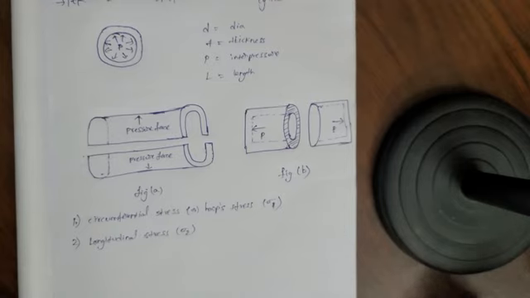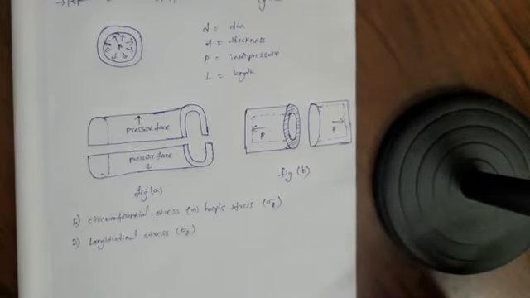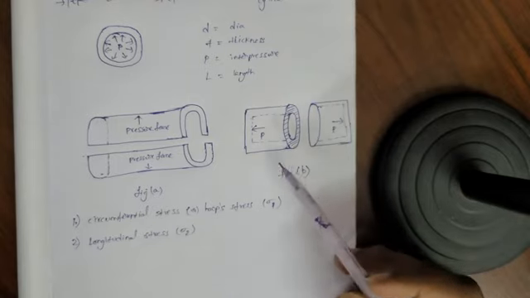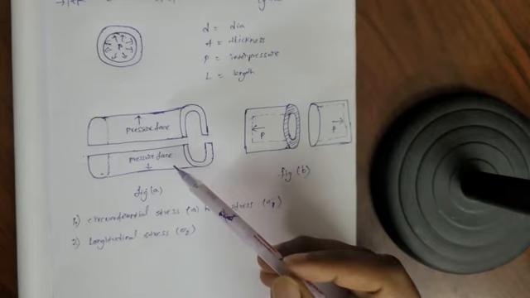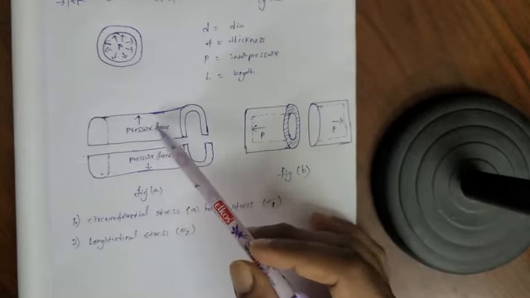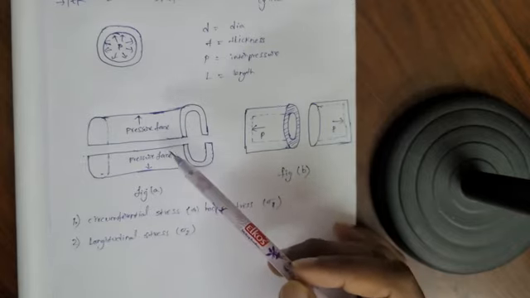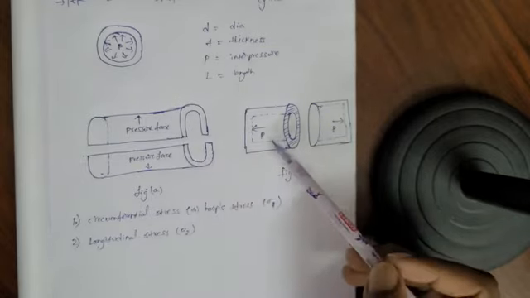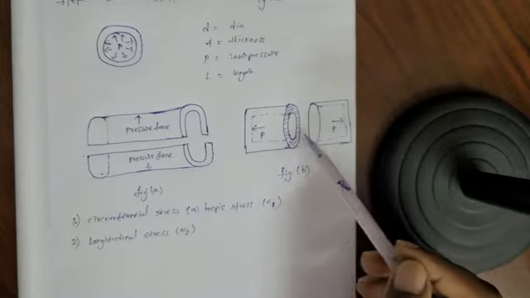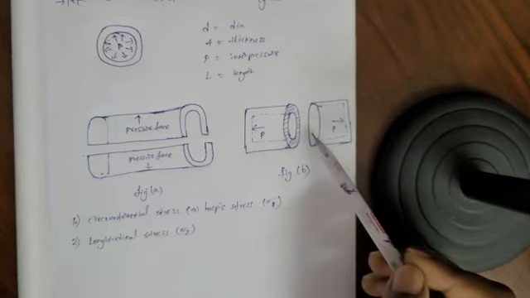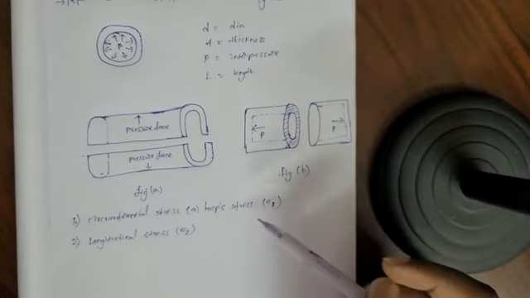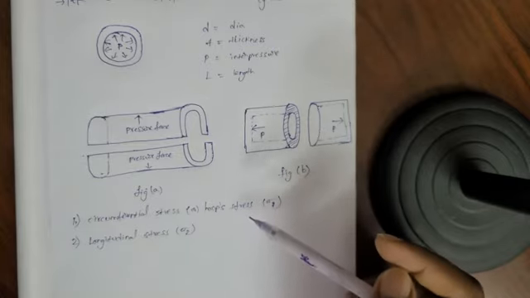The names of these stresses are given according to the direction in which the stresses are acting. The stress acting along the circumference of the cylinder is called circumferential stress, and the stress acting along the length of the cylinder, that is in the horizontal longitudinal direction, is known as longitudinal stress. We also know that circumferential stress is also called hoop stress.